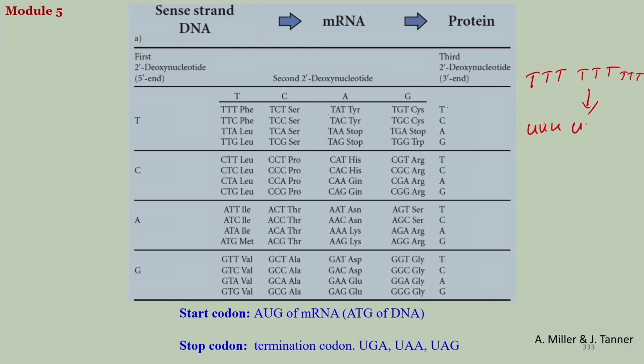U, U, U, U, U, U, U, U, U. And he found out from here, when you allow it to synthesize the peptides, it synthesizes phenylalanine, phenylalanine, phenylalanine. So, which means this codon represents a phenylalanine. So, that is how he figured out all the individual codons and which amino acids they would express.